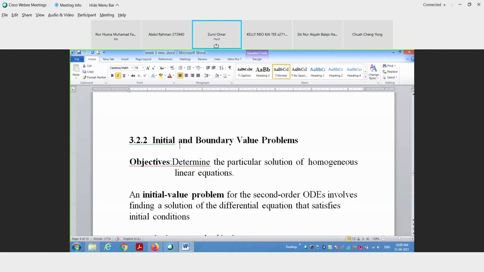Similar to first order ODEs, the conditions come as either initial or boundary conditions. Whether initial or boundary conditions, we use them to find the values of the constants so that we can obtain the particular solution.